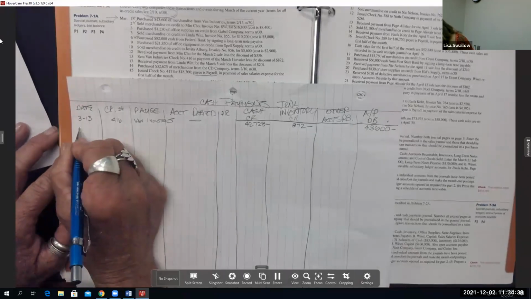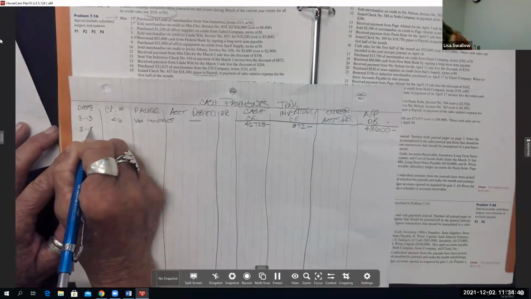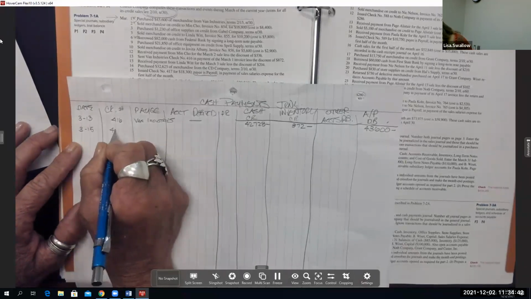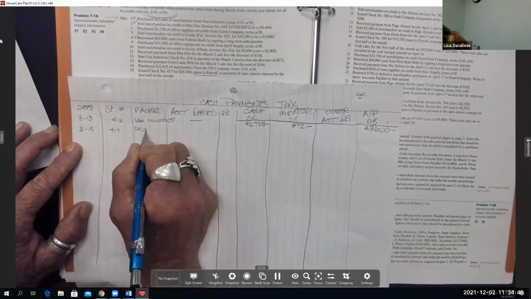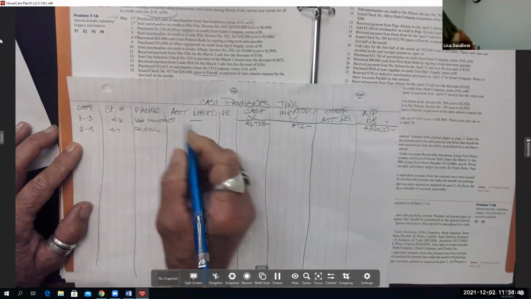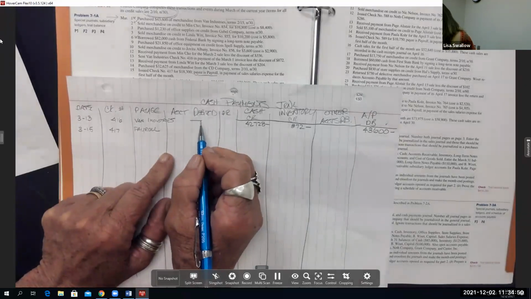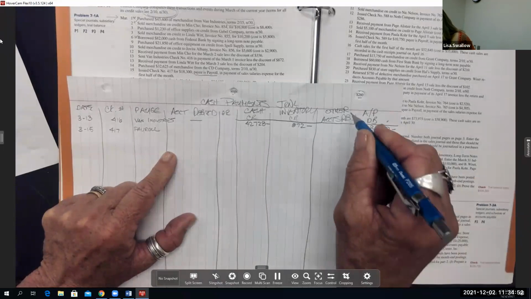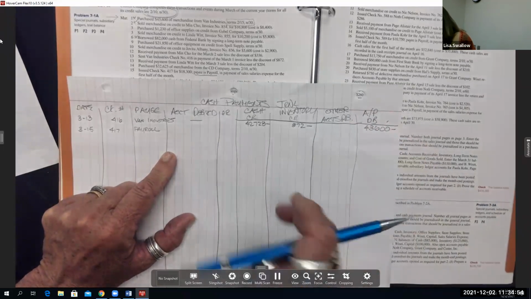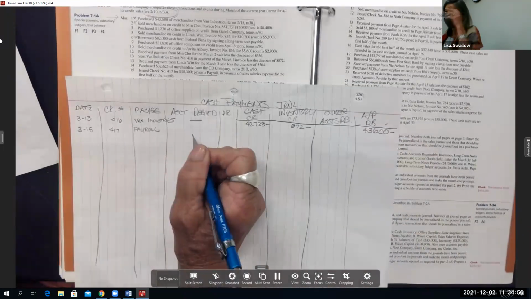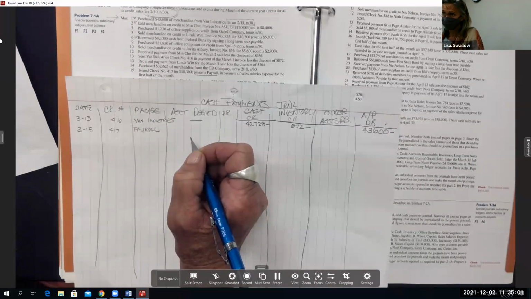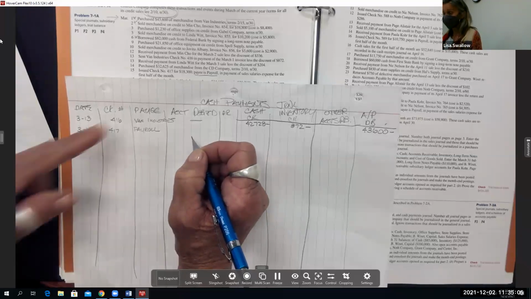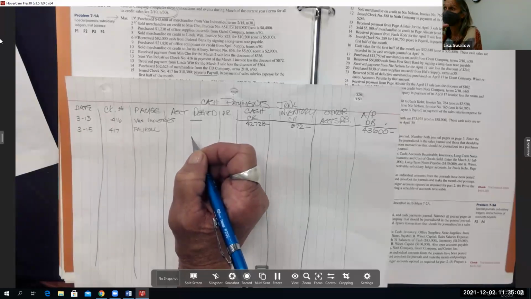So I did March 15th, check 417, payroll, and then cash credit, and then other accounts. But under account debited, you have to tell me if anything's in the other accounts column. I have to be able to look back and figure out what account in the general ledger to post it to. They tell us specifically it's sales salaries.